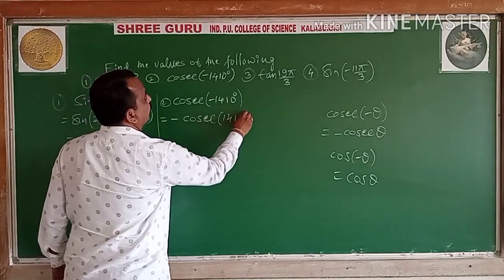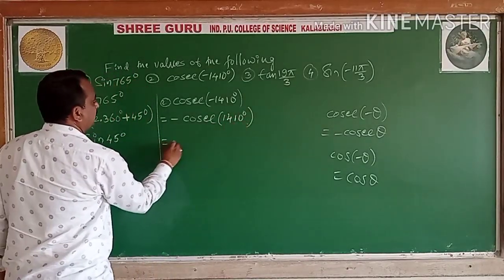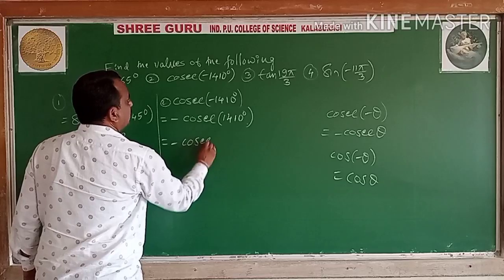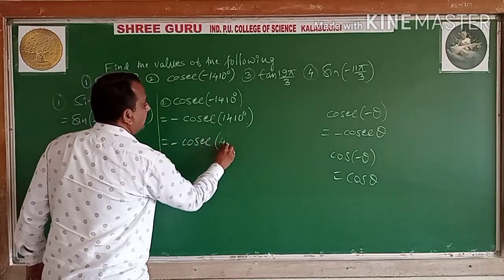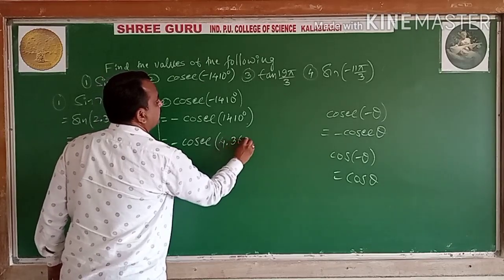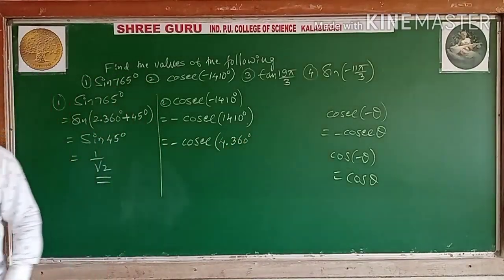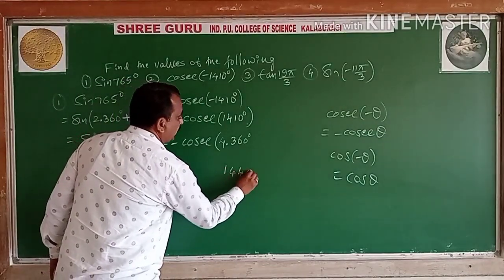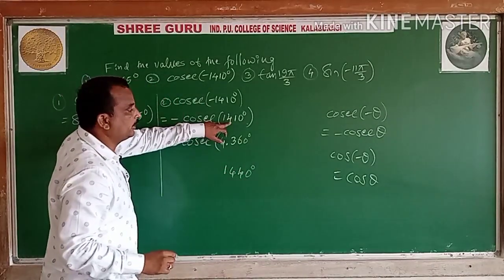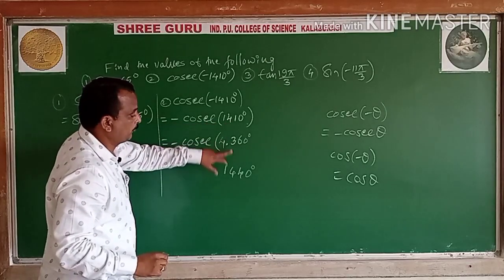How much it is? 1410 degree. Now let us calculate, minus as it is. Now see 1410 degree. 4 times of 360 degree is equal to how much? Is it 1440 degree? How much you want? 1410 degree. So you are taking 1440.